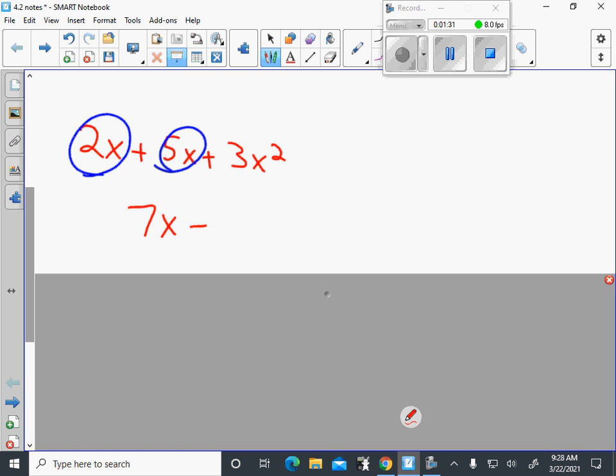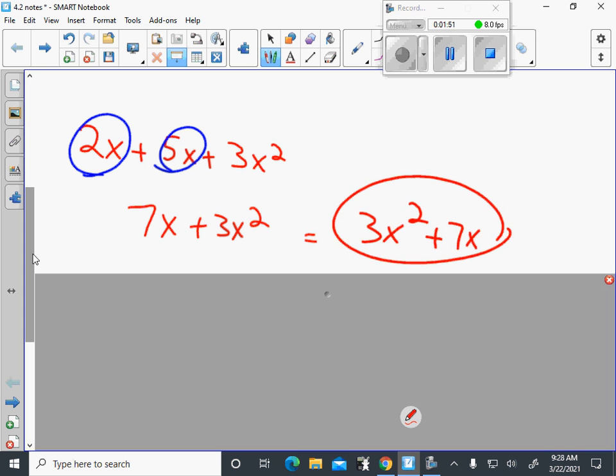What's left? 3x squared. Now, if I were to tell you to write this in standard form, we'd have to rewrite this, right? We'd have to take the 3x squared and put that first, plus the 7x. That would be our final answer. And that is standard form. We learned about that in 4.1.